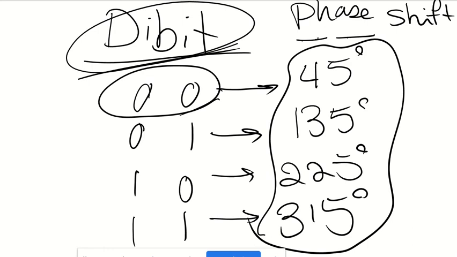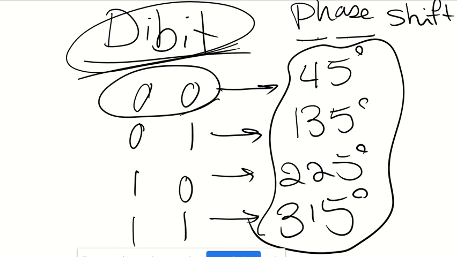And because I have 4 different phases, they usually, in general, regardless of number of bits and phases, show it in the form of a phasor in order to make it clear to the user what kind of modulation they are using.